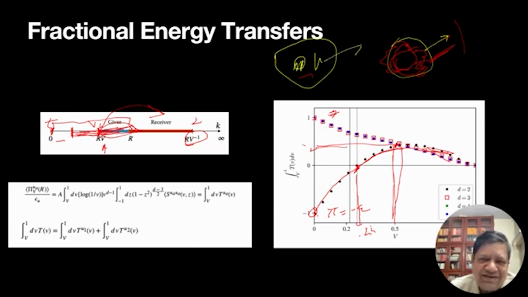However, these are receiving energy from this part. So non-local interactions in 2D, or the U1 channel, are responsible for the inverse cascade. It's a pretty powerful prediction from this theory.